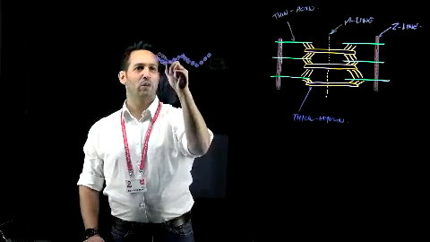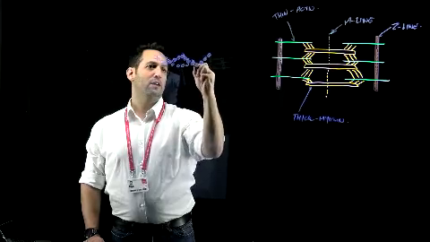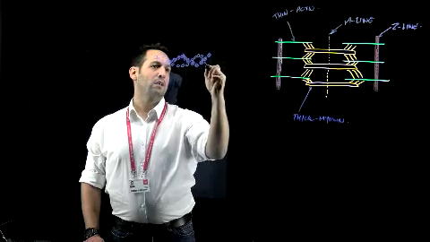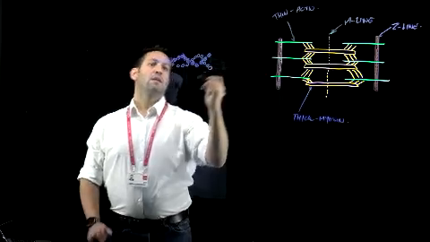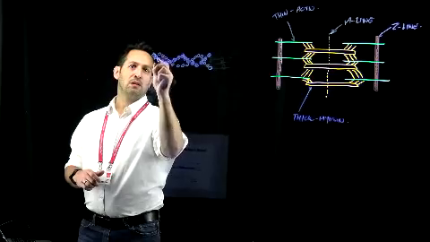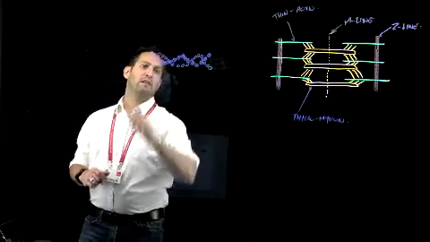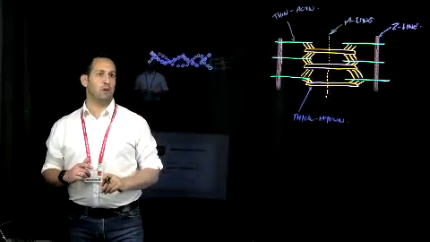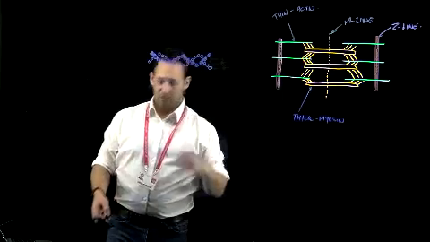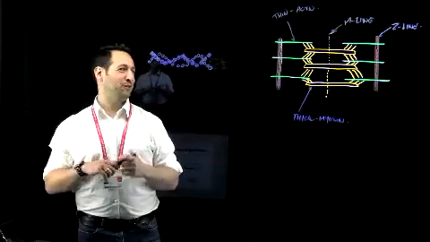It works its way down like this, crosses over like that. So you can see that we've got this interlocking helical configuration going on. Now, I suppose I should have even drawn that in green, but I had blue in my hand and I'm not going to rub this out and do it again.